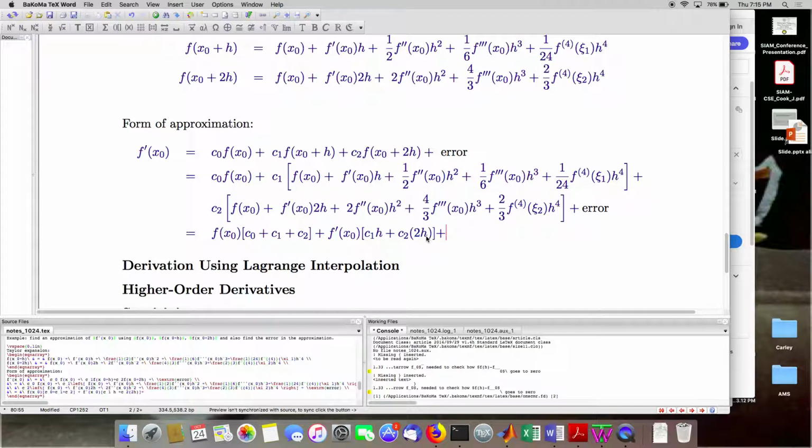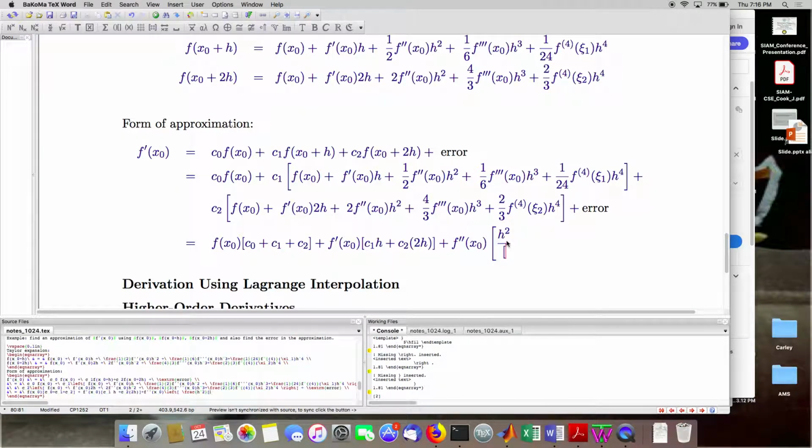And then I have f double prime x naught, with 1/2 C1 h squared, h squared over 2 C1, and then for C2, we have 2h squared.